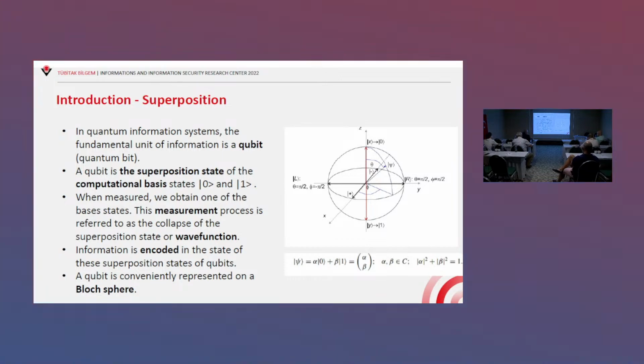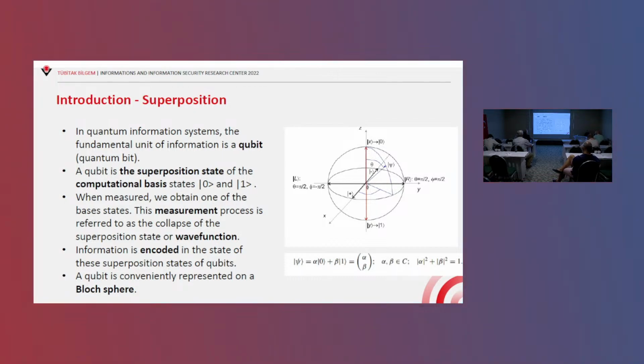It would collapse to the ket 0 state with probability alpha magnitude square. Since alpha is a complex number, the magnitude square of this value would be the probability of measuring the ket 0 state, and likewise magnitude square beta would be the probability of measuring the ket 1 state.